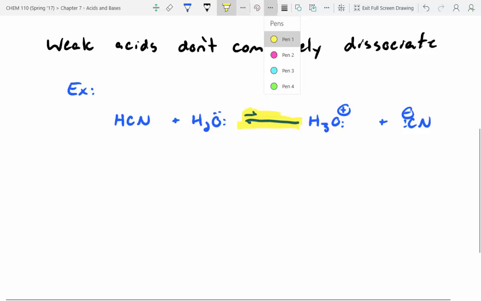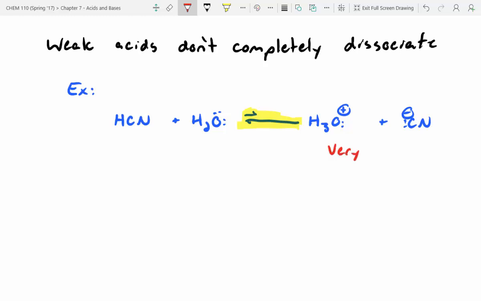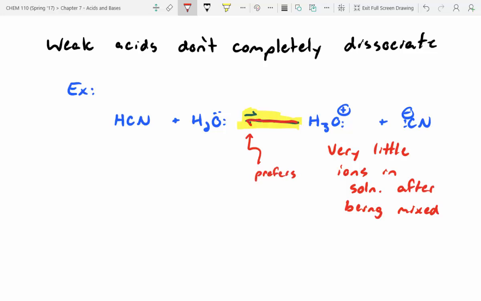So if we look at this, there's very little ions in solution after being mixed. And you can tell this arrow right here prefers to stay as starting materials. Does that make sense?